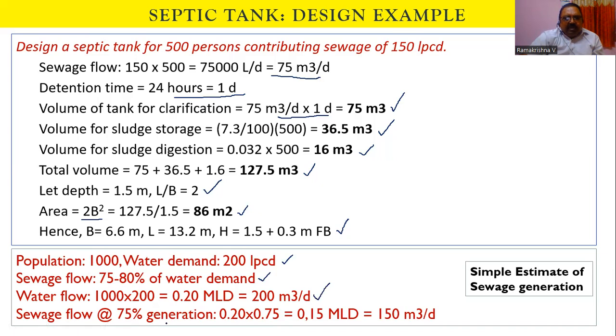And if you assume 75% of this water becomes sewage, it equals 150 meter cube per day. This is how, without any data or code book, we can calculate and go for a rough estimate of the sizing of a septic tank.